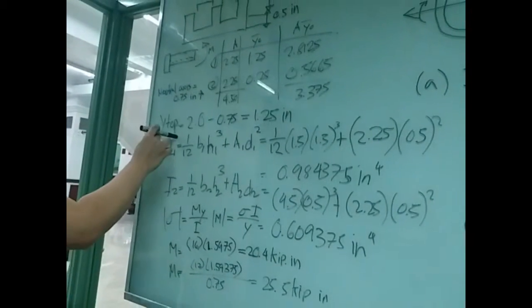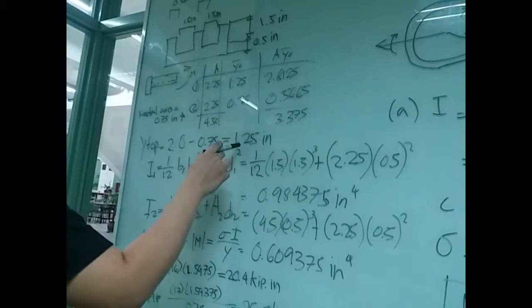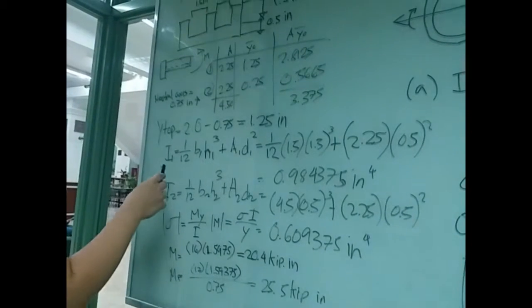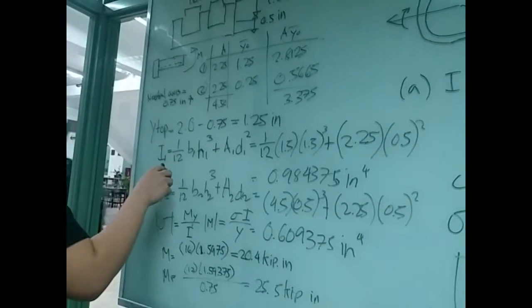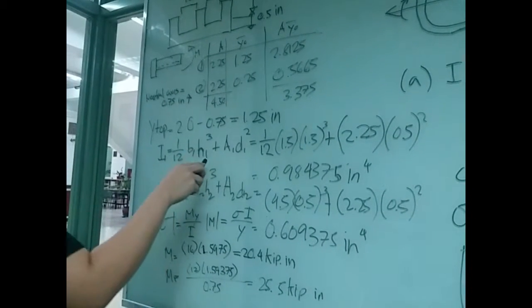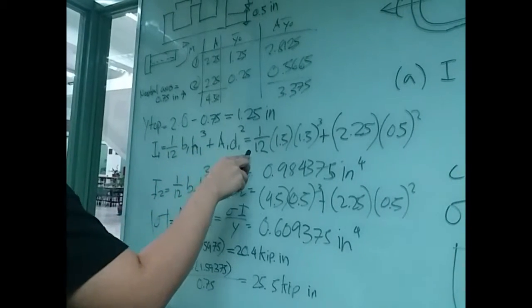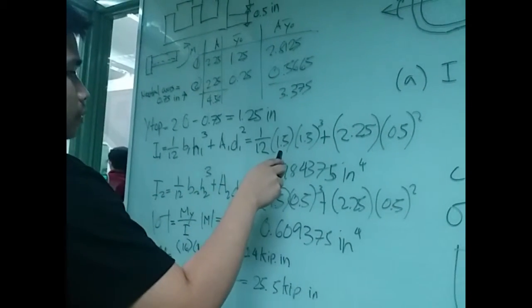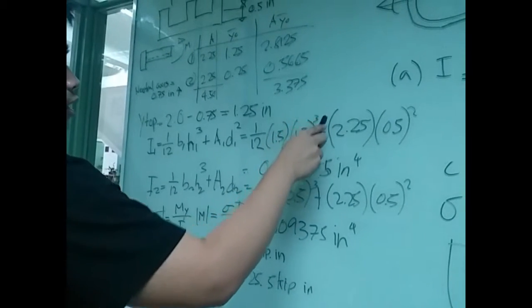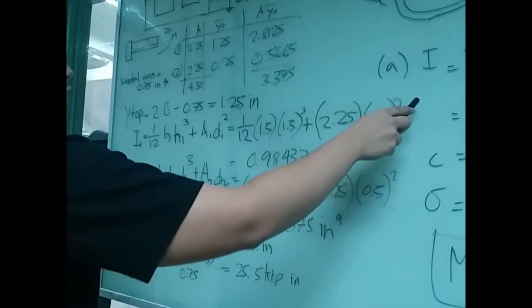So y top is equal to 2.0 minus 0.75, which is equal to 1.25 inch. So again, we will solve for the moment of inertia. 1 over 12 b sub 1 h cubed plus A sub 1 d sub 1 squared is equal to 1 over 12 times 1.5 times 1.3 raised to 3 plus 2.25 times 0.5 raised to 2.